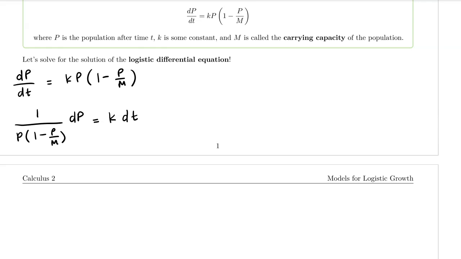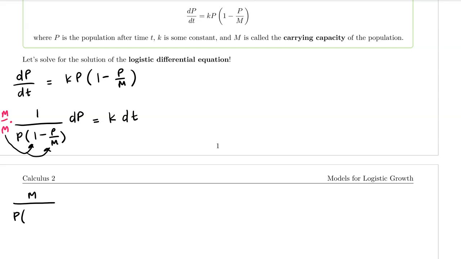Now, on the left-hand side of my equation, I want to multiply the numerator and the denominator by M. And that's okay because I'm just multiplying by a form of 1. So if I multiply by M over M, that's going to give me M over P times, and I'm going to go ahead in the denominator, I'm going to distribute the M to both of these terms.